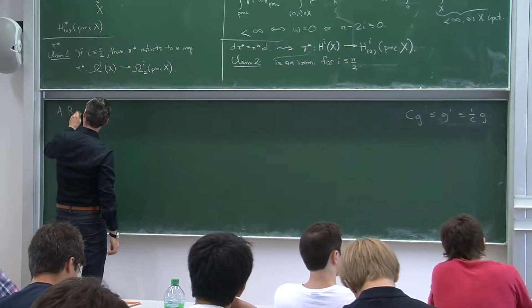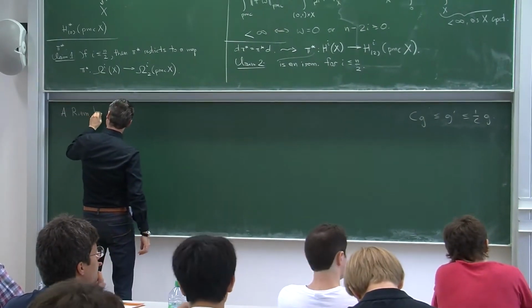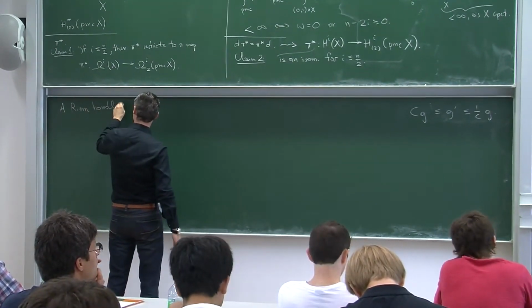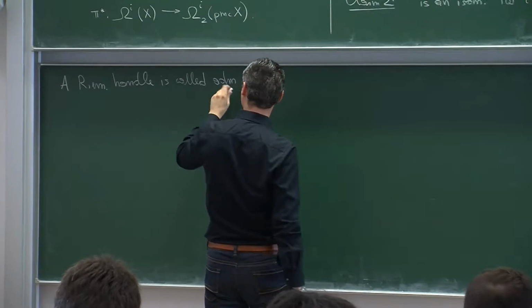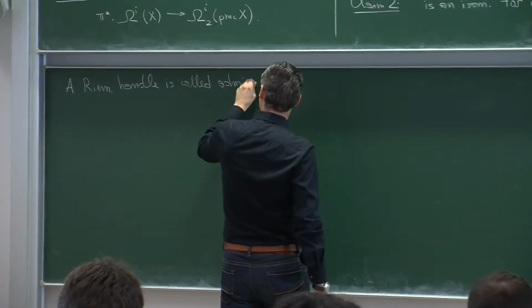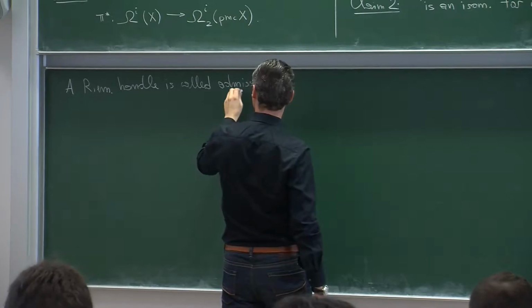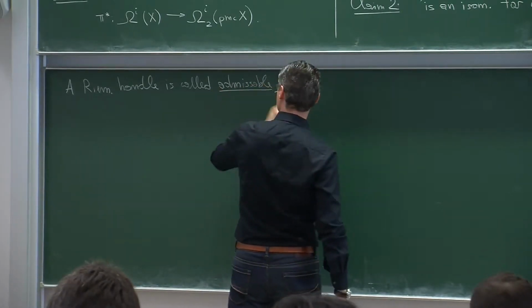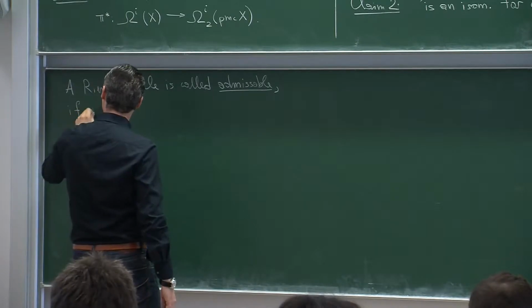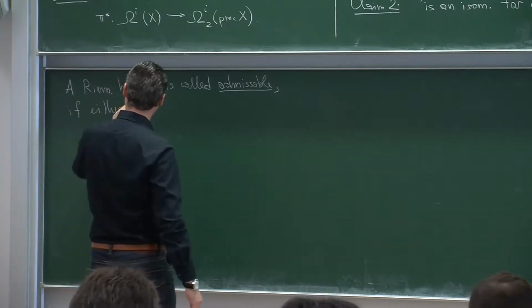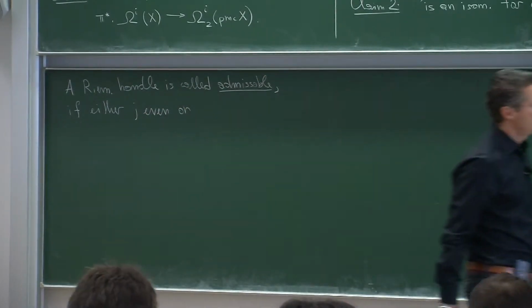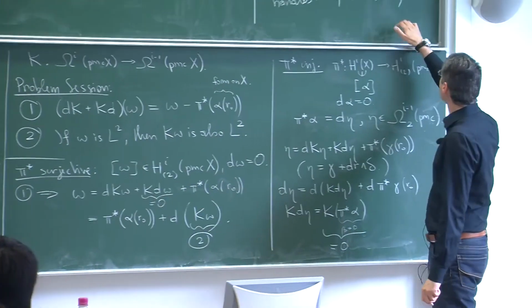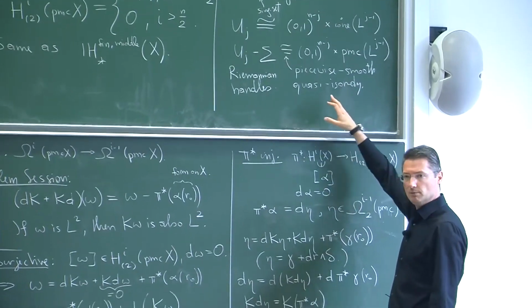A Riemannian handle such as these is called admissible in the language of Cheeger, if either J is even, or, let's see, if J is even, then J minus 1 is odd, so the link is odd dimensional, so there isn't a middle dimension.